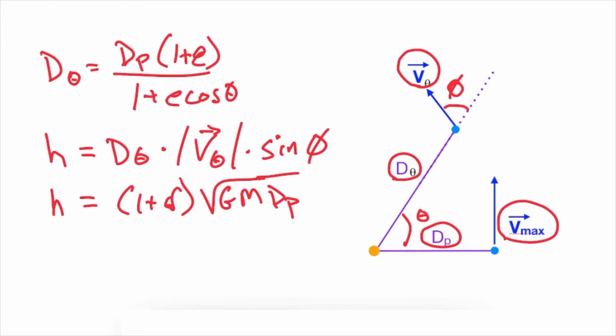So the hope is that somehow we can combine these two equations and in the process somehow get rid of this and this. And I can give you a hint. The key to that task is to find an expression for phi. And that is what we will proceed to do right now.